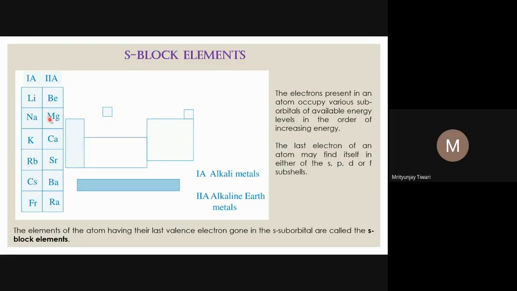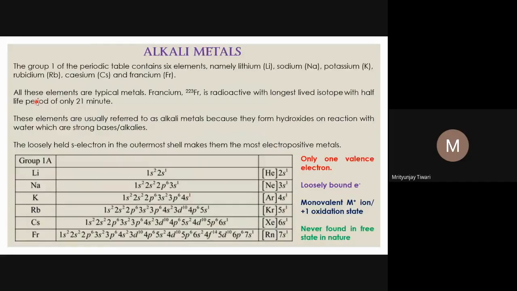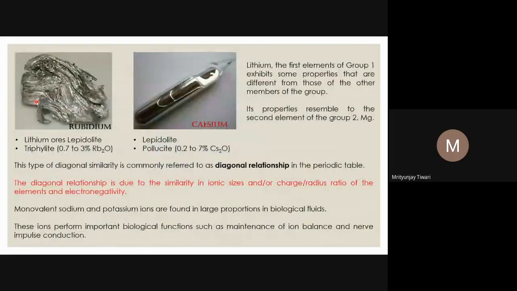And in the case of magnesium, magnesium ion is slightly larger than lithium ion, but it has 2 positive charge. So the 2 positive charge divided by a larger size, we get a charge size ratio that is quite close, and their electronegativity is also quite close to each other. So their properties are also quite similar, and this relationship that we get in the periodic table is called the diagonal relationship.